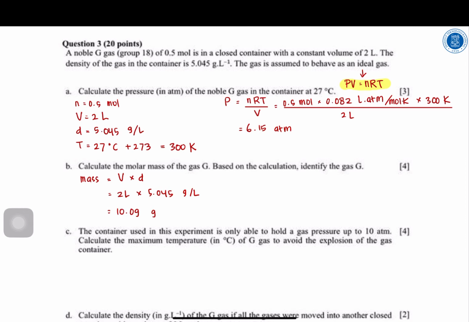And then we also know that the mole of the gas G is half mole. So in that case, we can calculate the molar mass. Molar mass is mass divided by the mole.